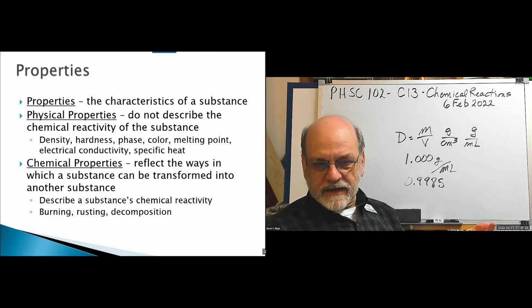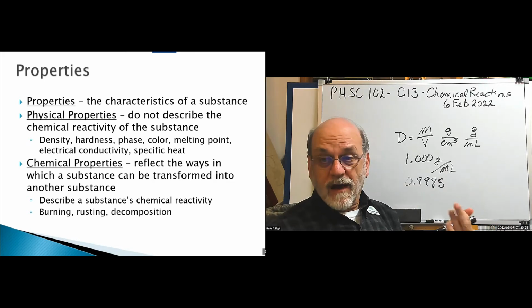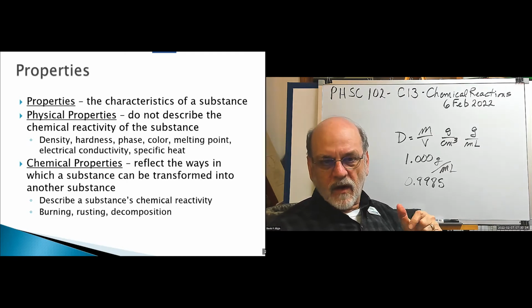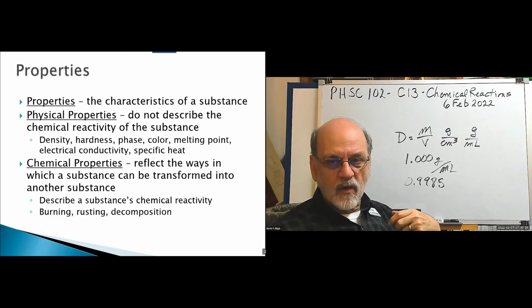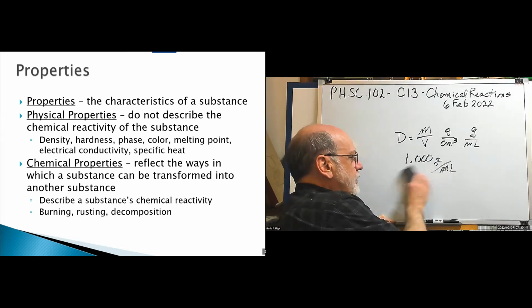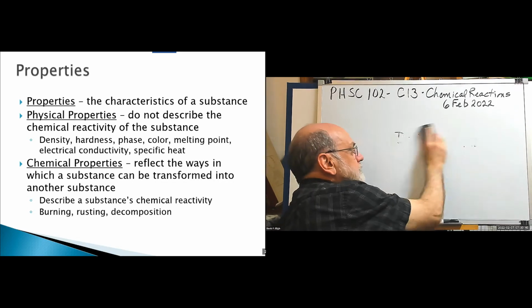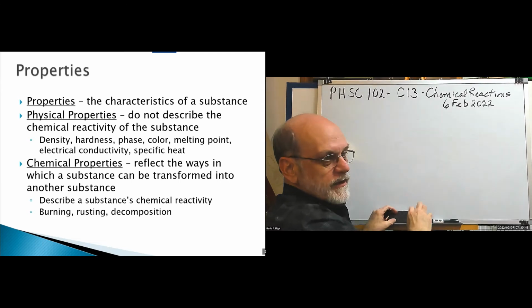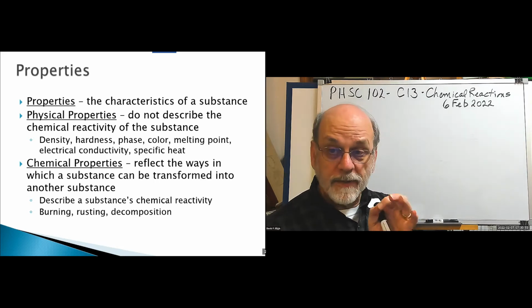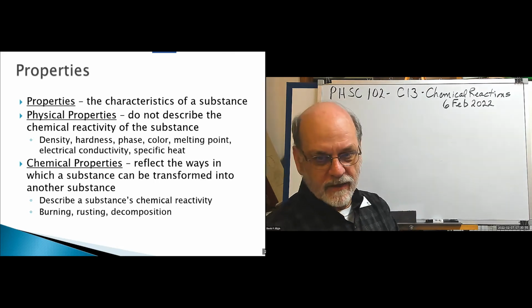Okay, other things that are considered physical properties are like hardness. We can say something is very hard or very soft. That's a qualitative expression. Or we can assign a quantitative value to it. There are a number of different scales that can be used to describe hardness. One of the most common, and one that's typically used for describing this physical property of minerals, is the Mohs scale.